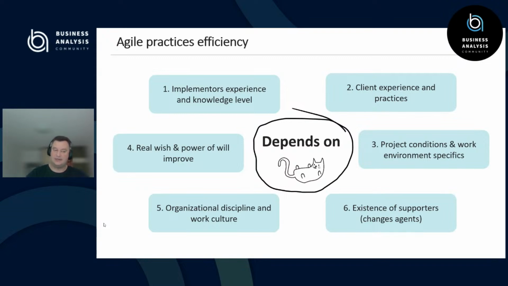Very often, again, we have cases when a team is ready, for example, to implement some agile practices, and managers or managerial representatives on the client side are not ready to do that, and vice versa. So we need to have the power of will and wish to do this.